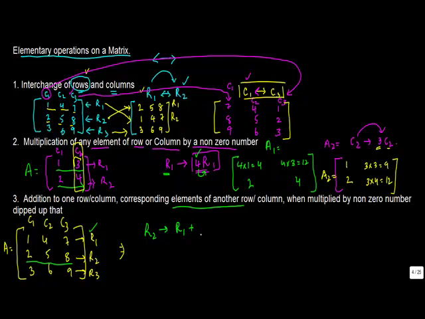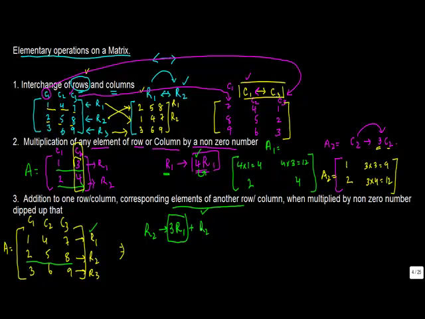So basically what happens here is we form R2 in such a manner that we add on another row. We multiply that row by a particular number. Let's say we multiply this also by 3 and we add the existing row to it. So this basically means you add on another row.